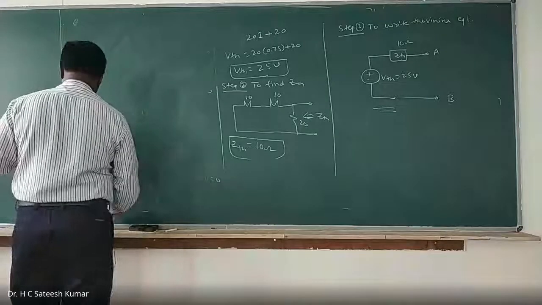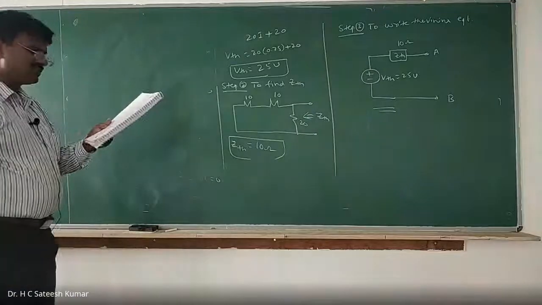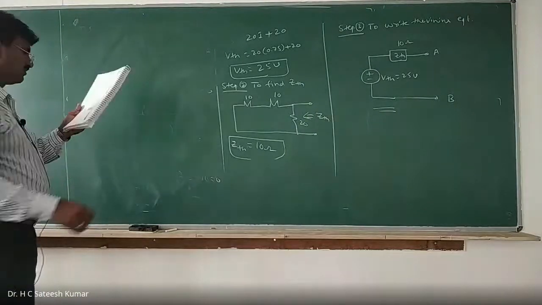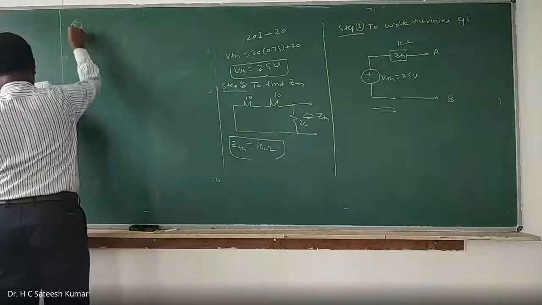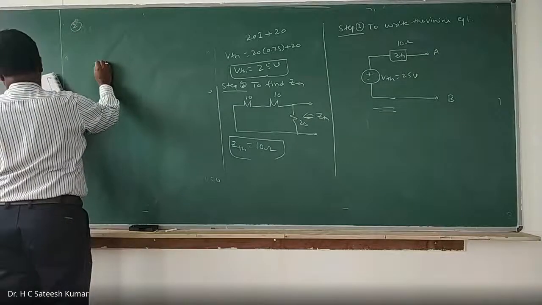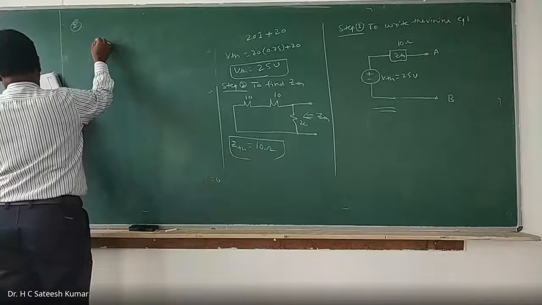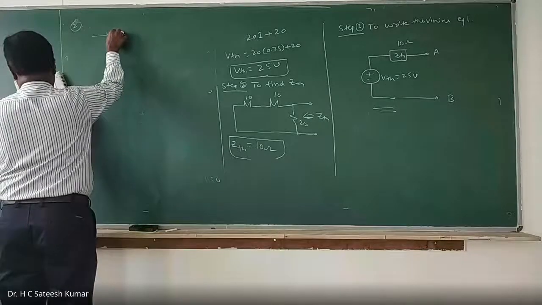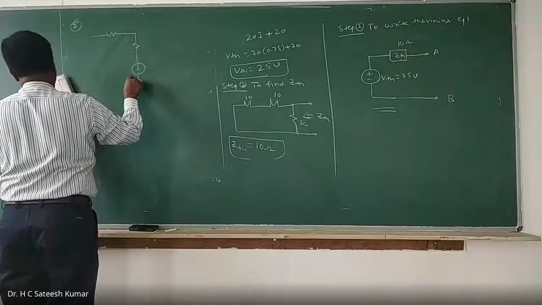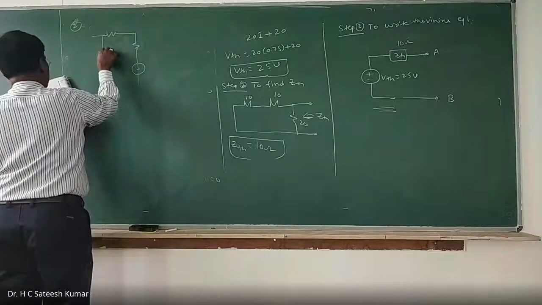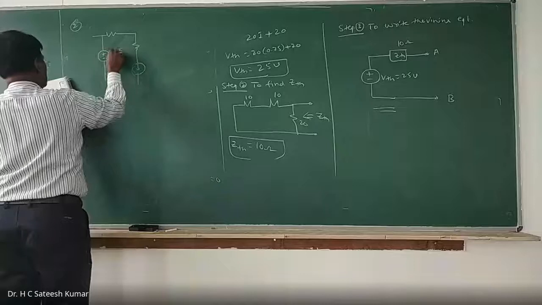So next he has asked like this: obtain Thevenin's equivalent as well as Norton's equivalent across the load terminal. Problem number 2, we can write this way. Plus minus 4 volts.